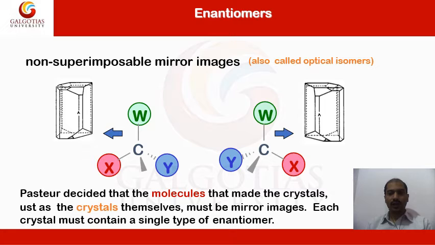There are a number of examples that will come once we discuss in detail in upcoming chapters, and then the concept of chirality can be understood more properly, because chirality, or this type of non-superimposability in a molecule, is very important during chemical synthesis.